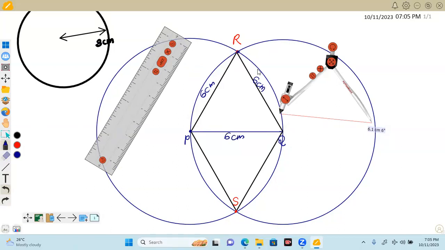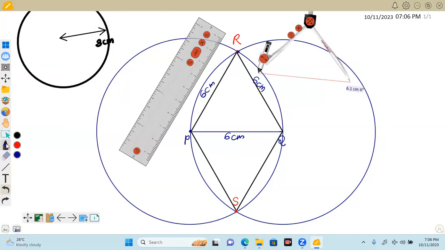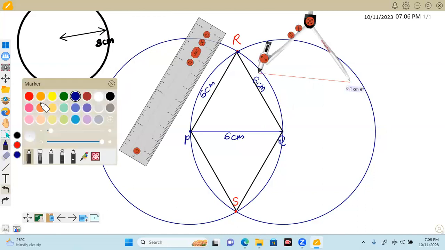Therefore, what is the name of PRQ according to the classification of triangles according to sides? I told you earlier.